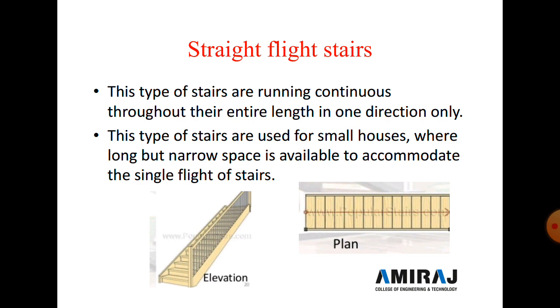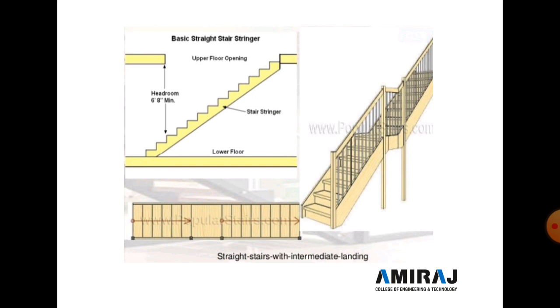So here, straight flight stair is divided into two parts. First is a continuous flight stair, and second is where a landing is provided in between the continuous stair. So see this figure. In this figure, a straight stair is provided with landing.